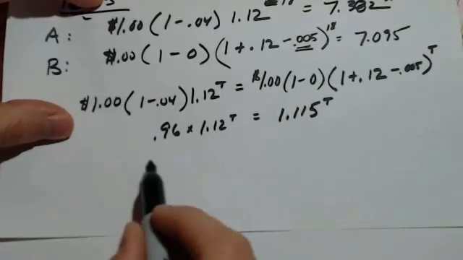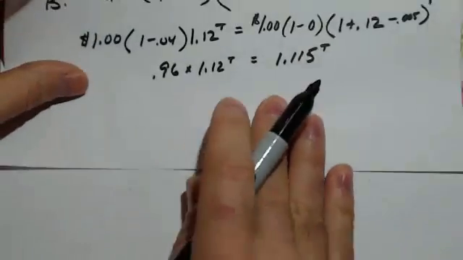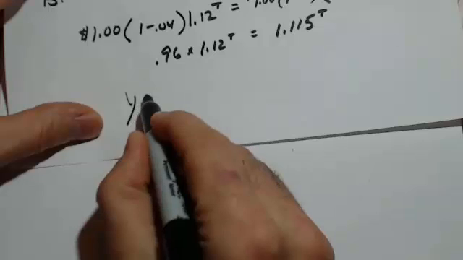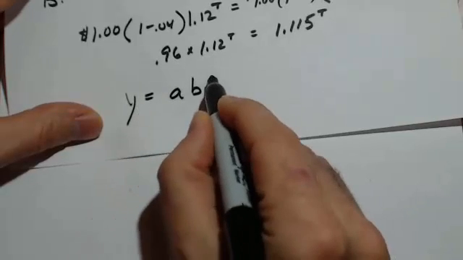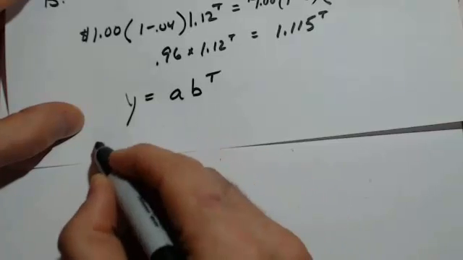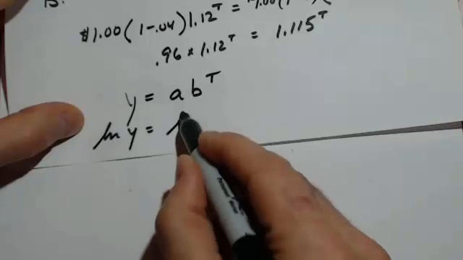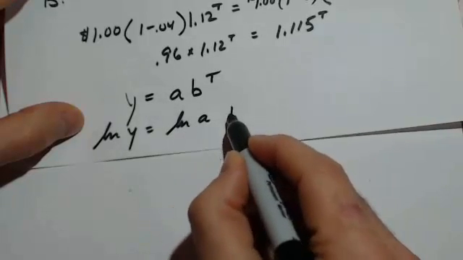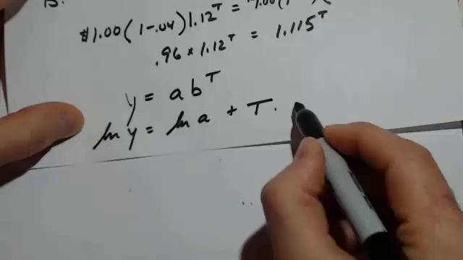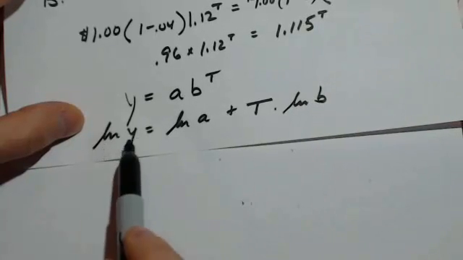And so here's the formula. If you have y equals a times b to the t power, if you take the natural log of both sides, the natural log of y will equal the natural log of a plus t times the natural log of b. And so that way you take these natural logs.